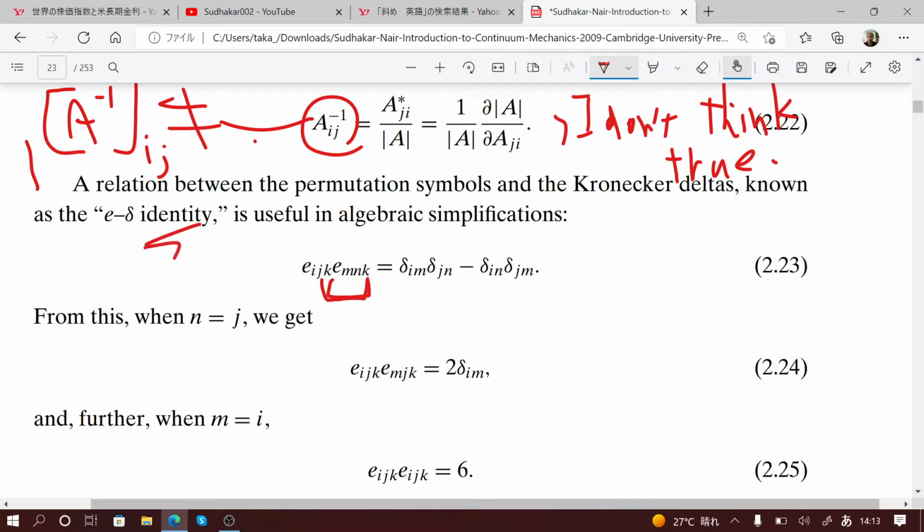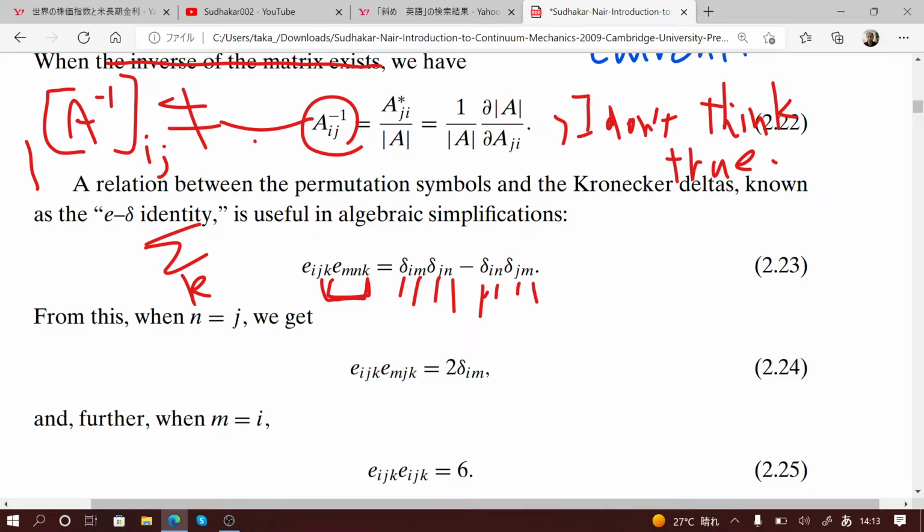So what is assumed is a summation over k, but there is no summation over i, j, m, n. Only the summation implied is k.